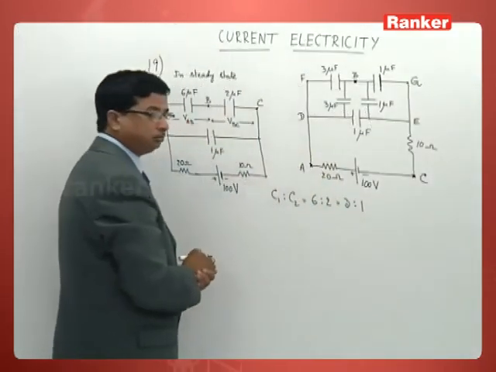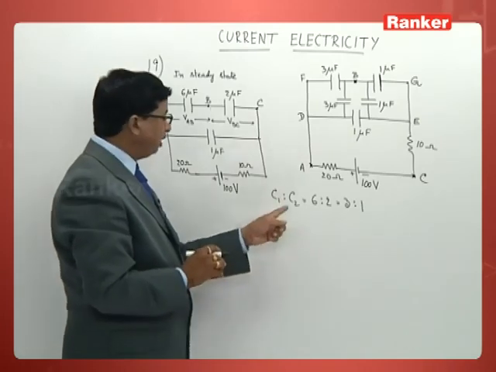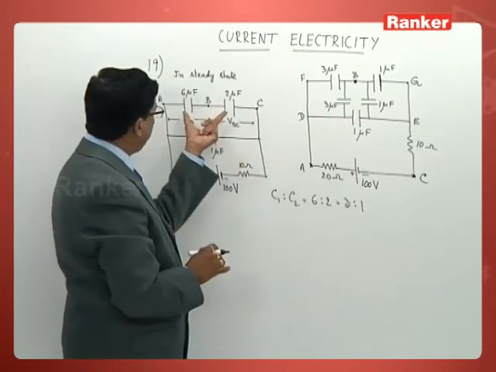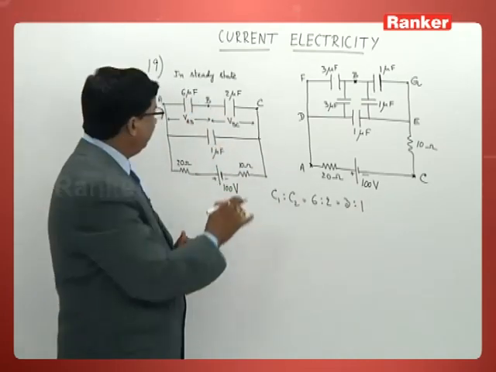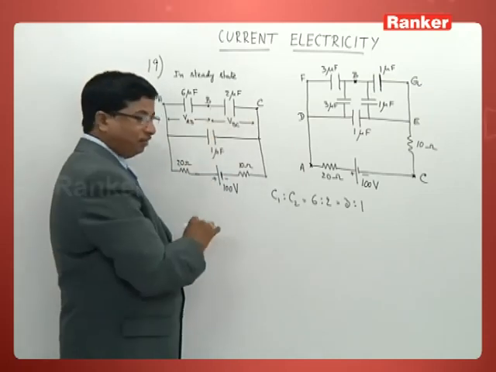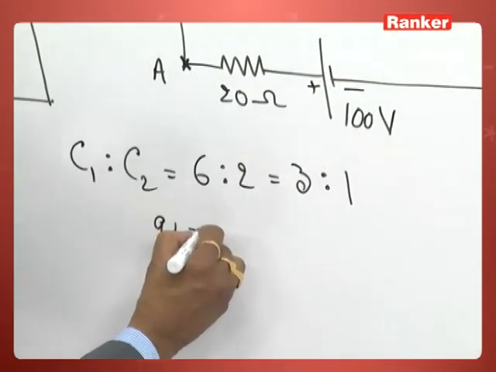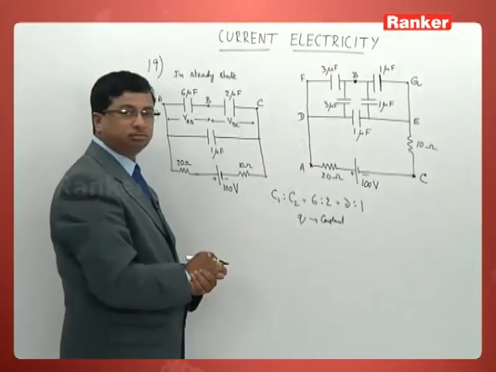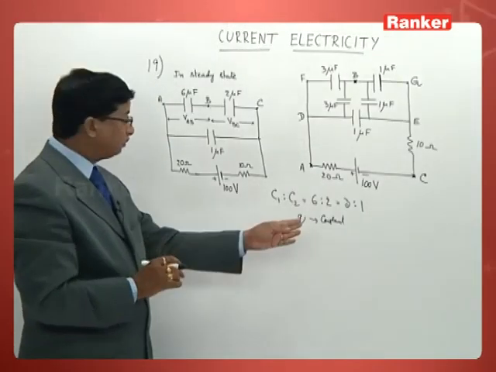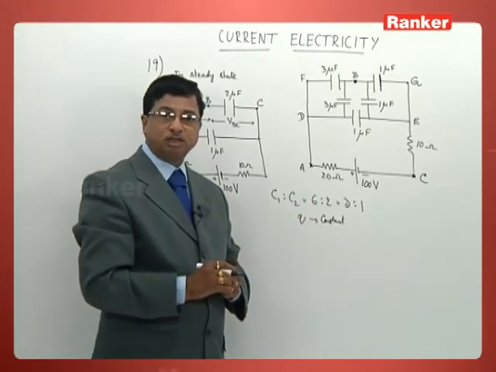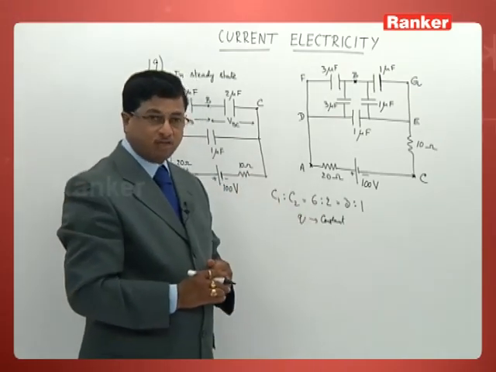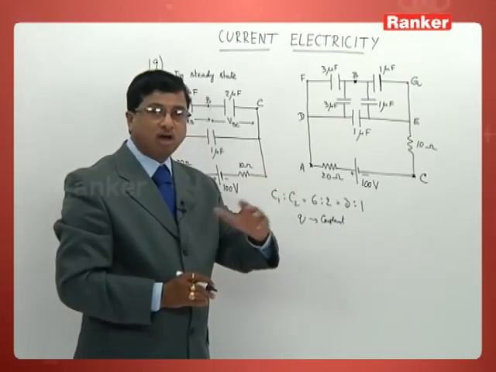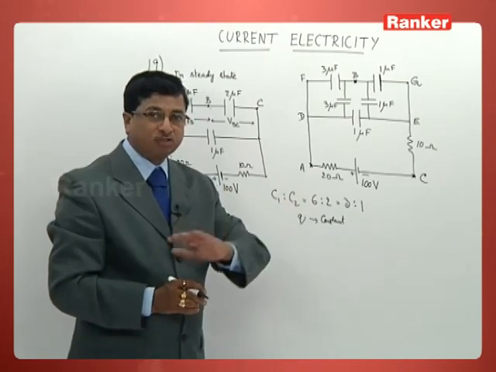You can all understand well. 6:2, that is 3:1 is the ratio of their capacities, means they are in series. In series combination, charge remains constant. You can directly understand this logic. When charge remains constant, capacity and potential difference are inversely proportional to each other.